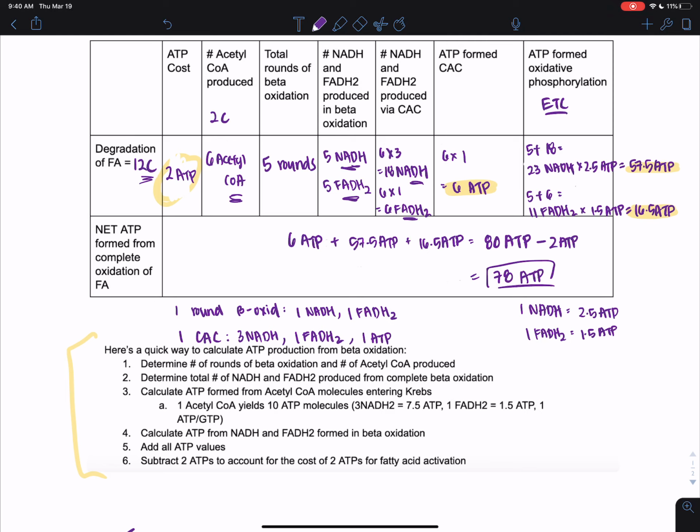From there, you can determine however many NADH or FADH2 is produced from the beta oxidation part, and then however many is produced from the citric acid cycle part. Then you can calculate how much ATP is produced from the citric acid cycle, and how much is produced from the electron transport chain. So be sure to remember to include what happens in the electron transport chain and the citric acid cycle, because those all feed into it.